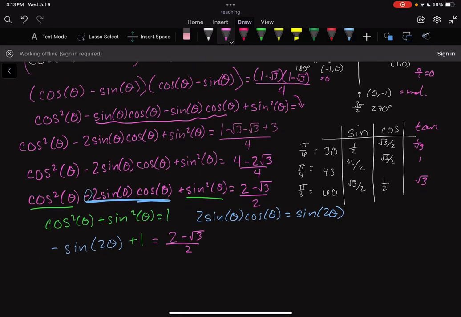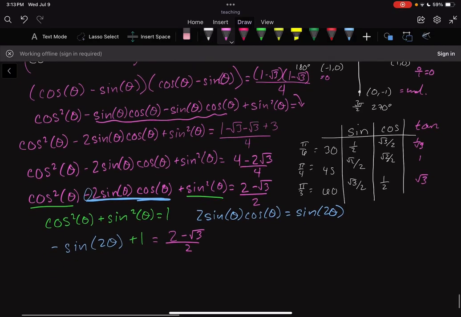I can simplify further. This becomes negative sine 2 theta is equal to, over here, I'm subtracting 1 to the other side.